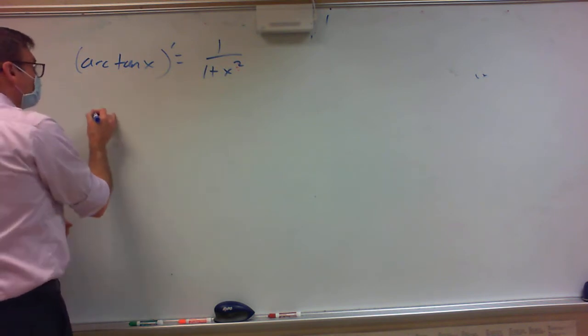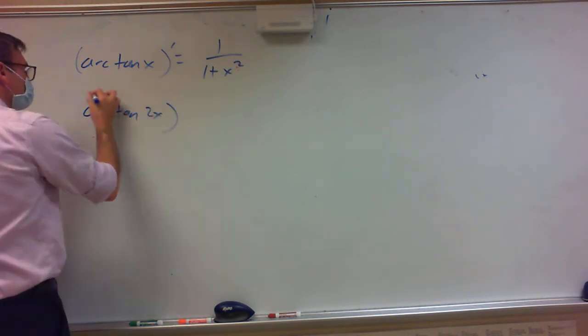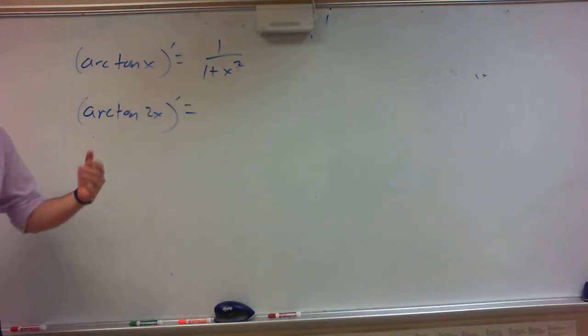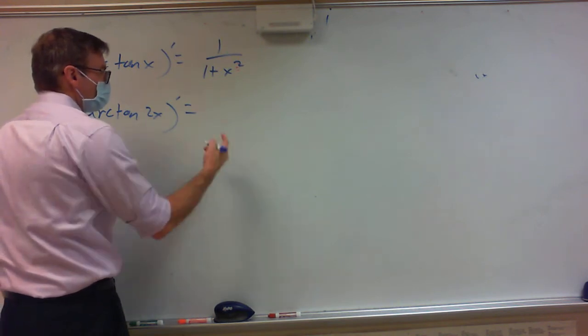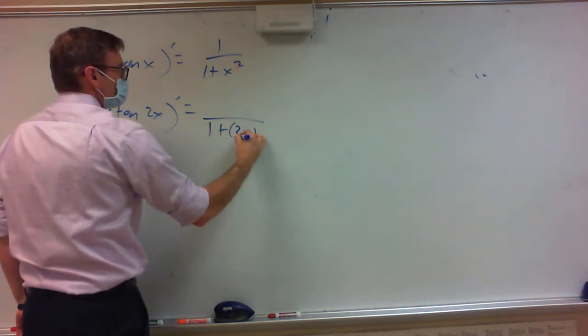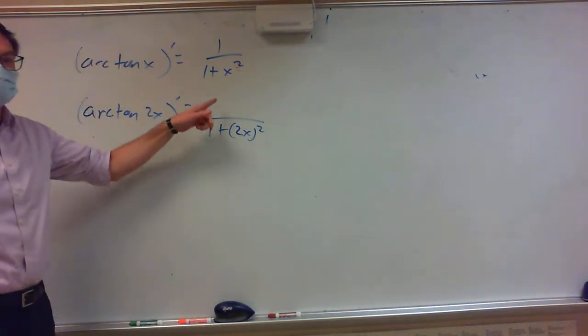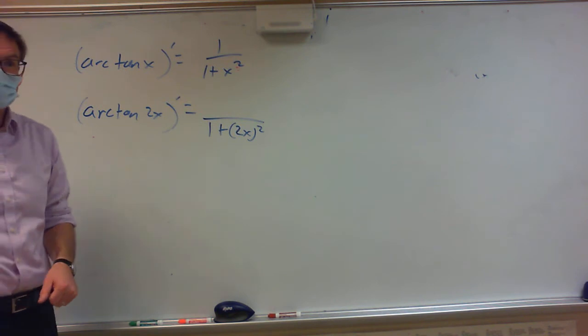So, first we're going to start with, what about arc tangent of 2x? Well, if I take the derivative of arc tangent of 2x, that's going to give me, on the bottom, 1 plus 2x squared. And then on the top, I get a times 2.